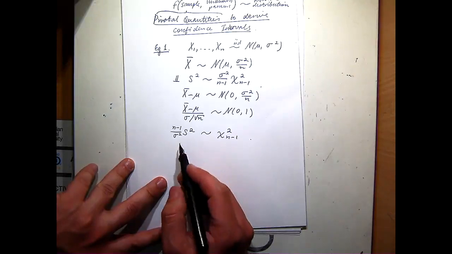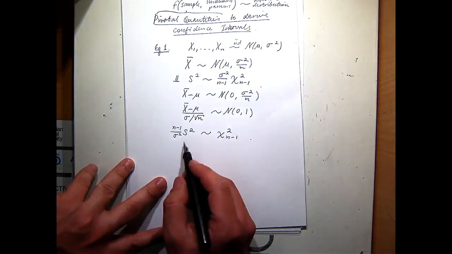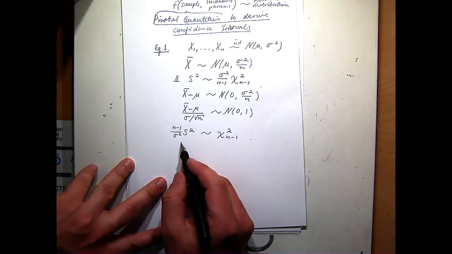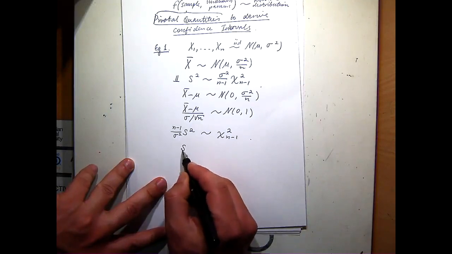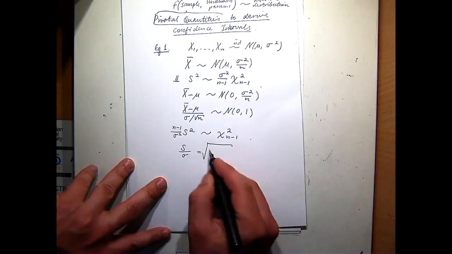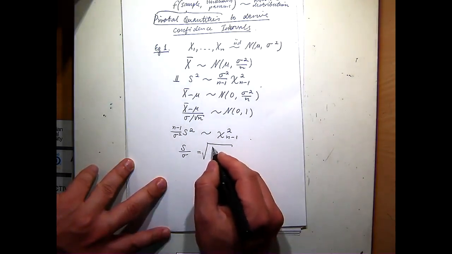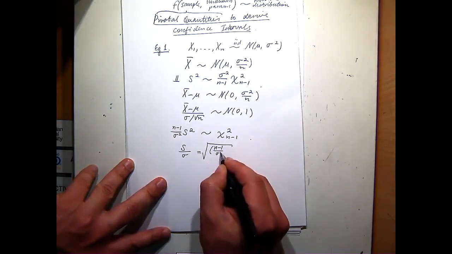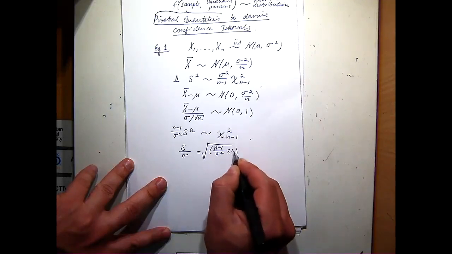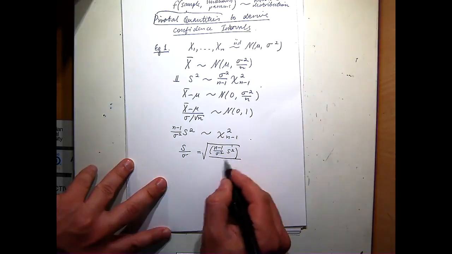Net result: s divided by sigma is of course the square root of n minus 1 over sigma squared times s squared, but I'd better get rid of the n minus 1.